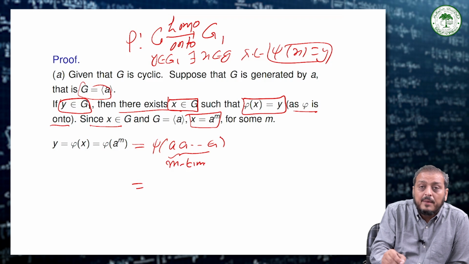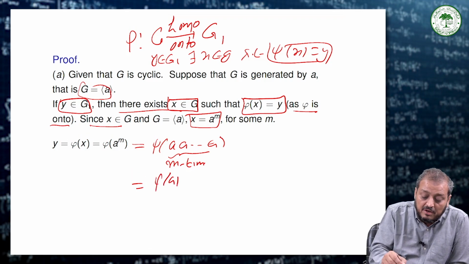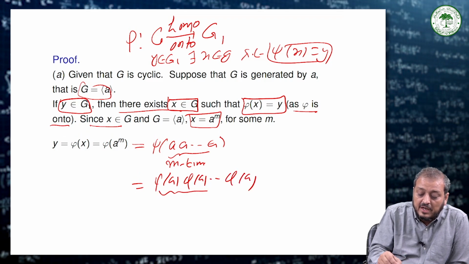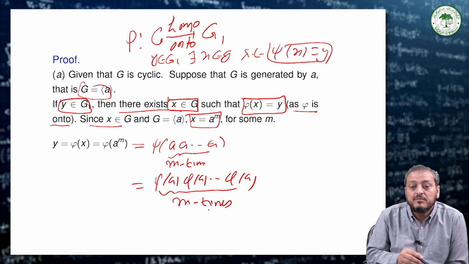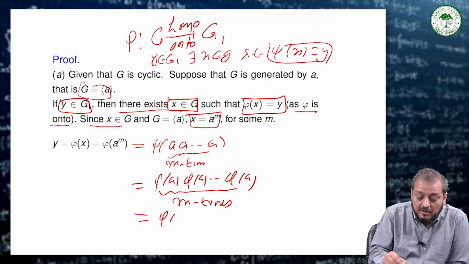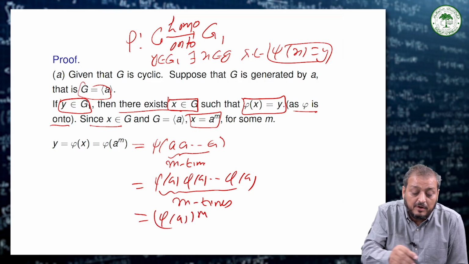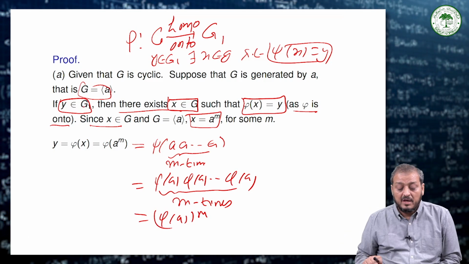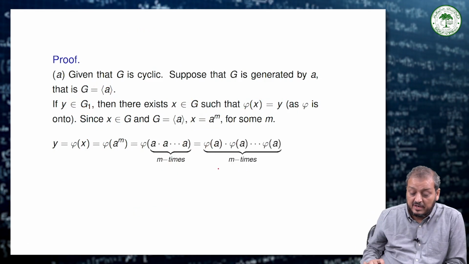Because phi is a homomorphism, this can be written as phi of a times phi of a, again m times, and then this is phi of a to the power m. That means y is an element of G1, and y can be written as phi of a to the power m.